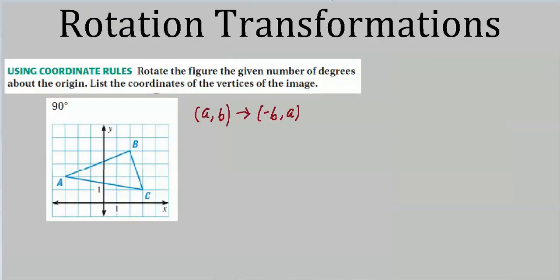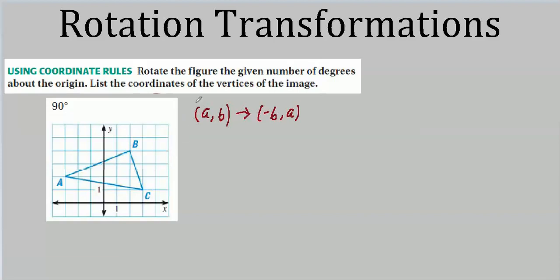Now let's go ahead and work some problems. These rotations are actually fairly simple as long as we're rotating about the origin, and that's pretty much what we'll be doing, I think. In other words, you're not going to have any trouble at all with this section. With this, we don't even need to draw.